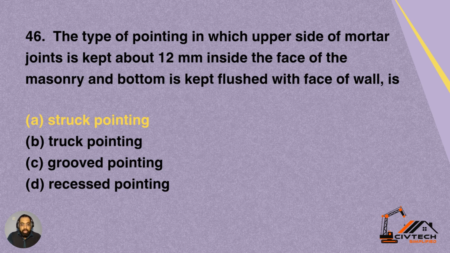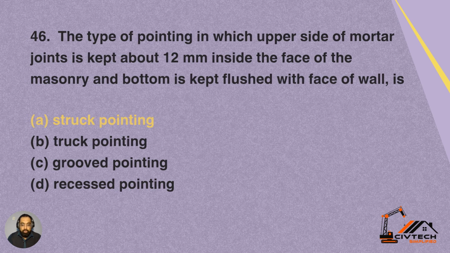Question 46. The type of pointing in which the upper side of the mortar joints is kept about 12 mm inside the face of the masonry and the bottom is kept flush with the face of the wall is called number A, struck pointing, B, tuck pointing, C, grooved pointing, D, recessed pointing.